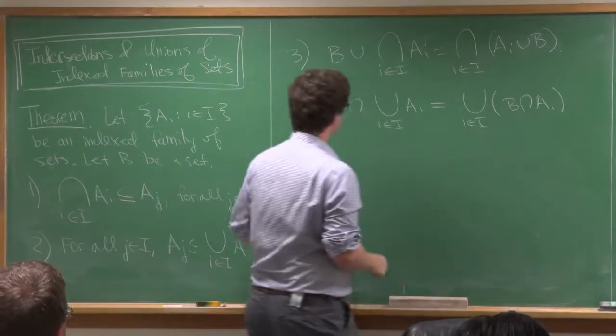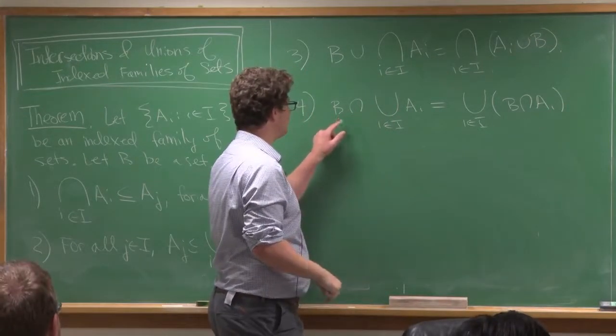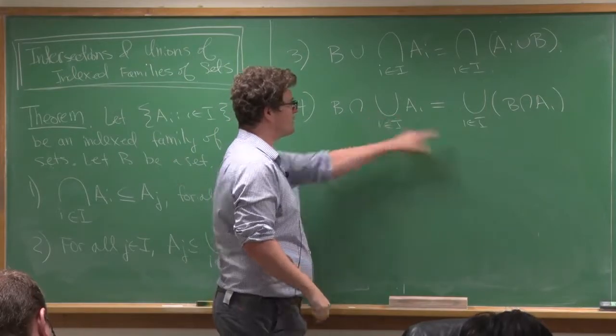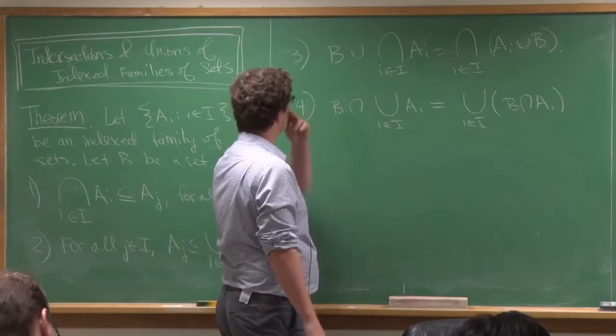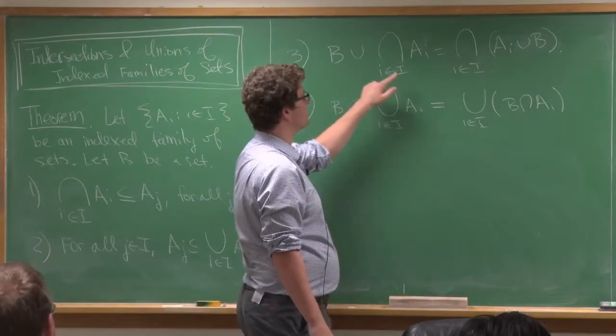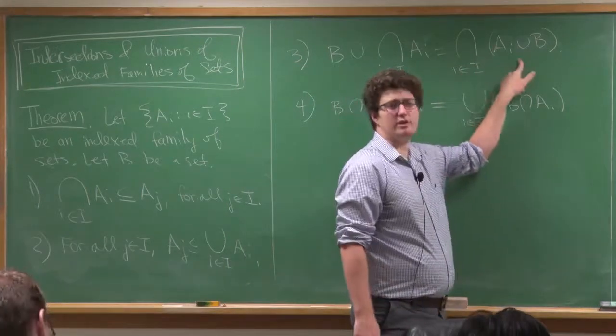So the intersection with the unions is the union of the intersections, and the previous one says the union with the intersections is the intersection of the unions.